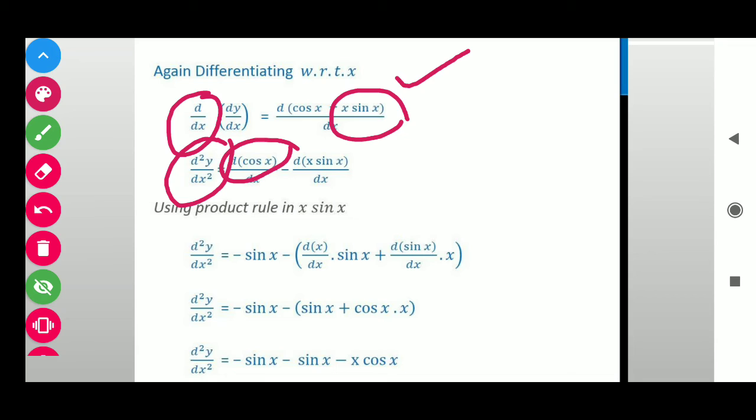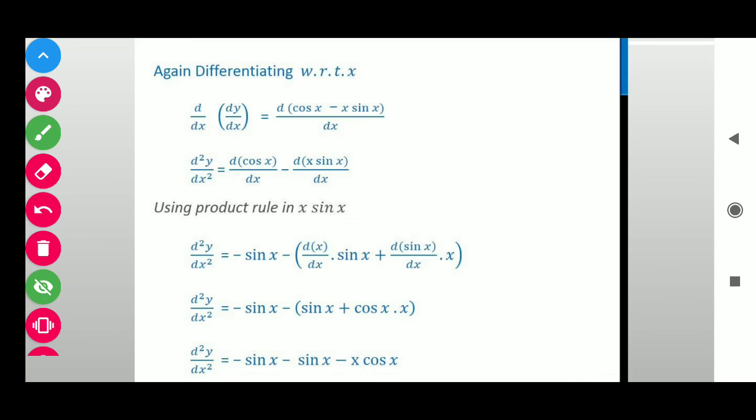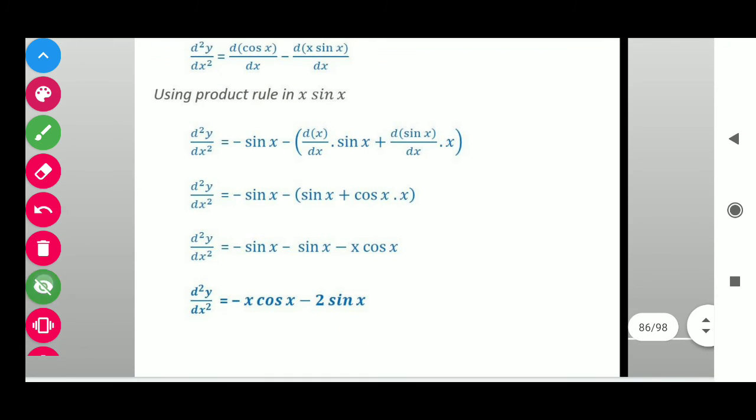Here x, derivative of x with respect to x, sin x function as it is, derivative of sin x and x function as it is. So derivative of x with respect to x is 1 and derivative of sin x is cos x. So in this way we get minus sin x minus x cos x, and minus sin x becomes minus 2 sin x. In this way we get second order derivative minus x cos x minus 2 sin x.